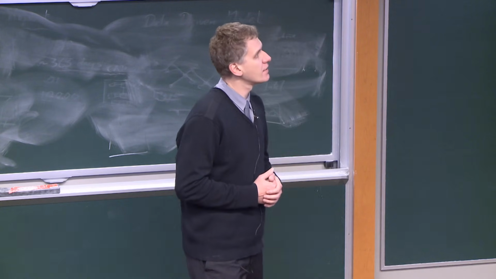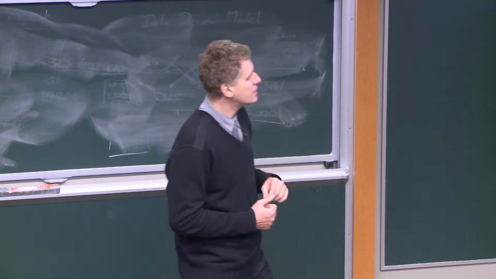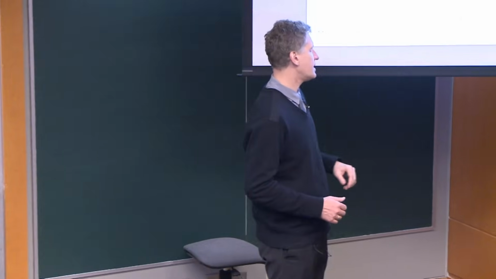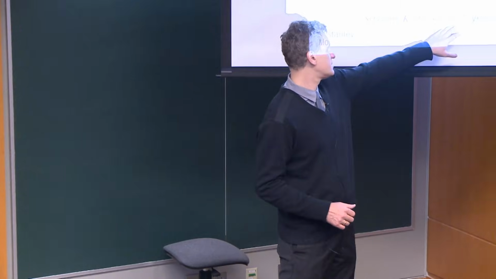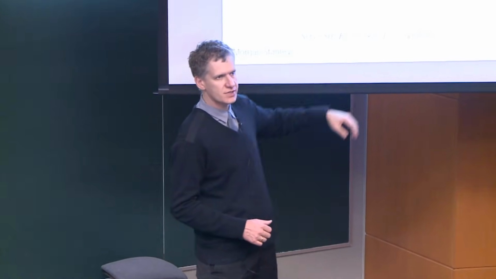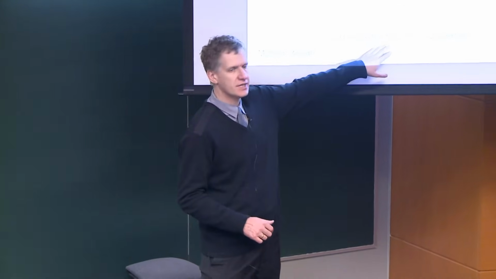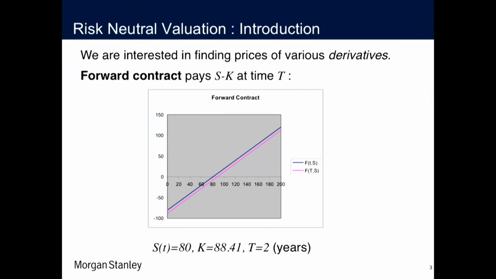And here is an example. Suppose there is a stock which right now is priced at 80, and this is a forward for 2 years. So somebody agrees to buy this stock in 2 years for this price. And not surprisingly, I set this price such that currently the value of the contract is 0. And we'll see how I come up with the price.